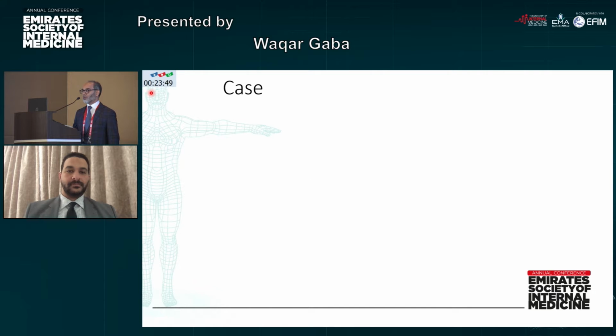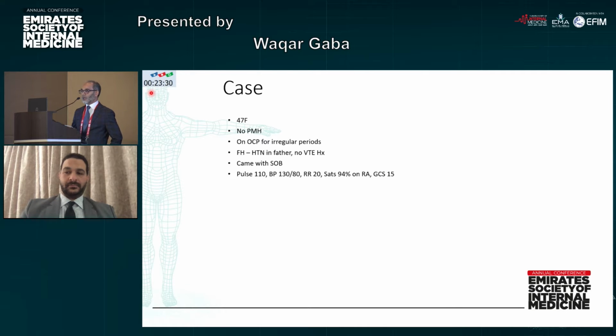So starting with the real world case, a 47 year old lady with no past medical history, on oral contraceptives for irregular periods, comes with a family history of hypertension in the father, with no VTE history in herself and in the family, with breathlessness. And these are the vitals.